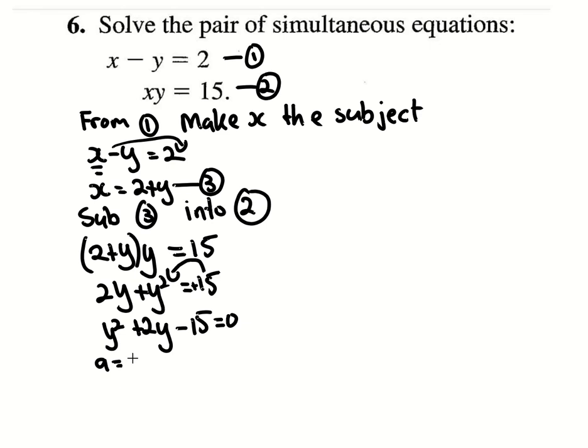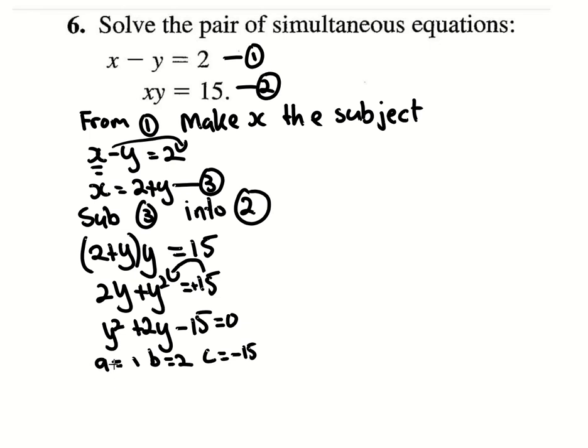A is equals to 1, b is equals to 2, and c is equals to negative 15. Now, when you're solving a quadratic, there are several ways. One of the ways you can either factorize, and the next way is use your formula, which is given in your formula sheet if you're doing CSEC math. Right? So first off, we're going to factorize it.